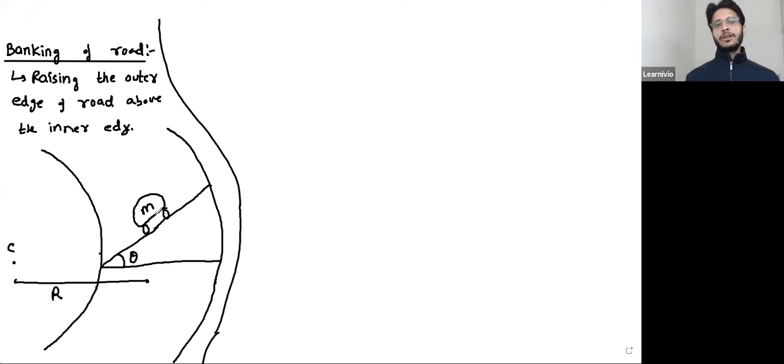So why do we bank a road? See, when the road was not banked, it was a flat road and a circular turn. Then only friction was providing centripetal force. But once you bank this road, not just friction, but a component of normal reaction will also provide centripetal force.